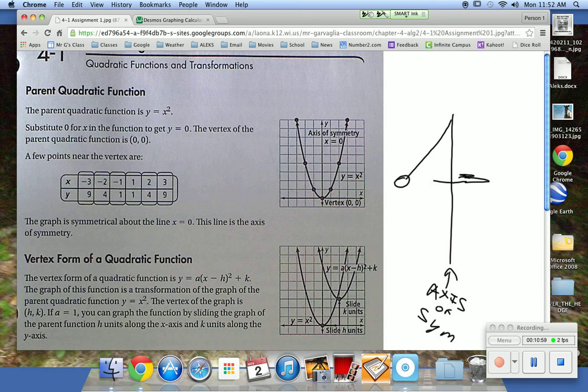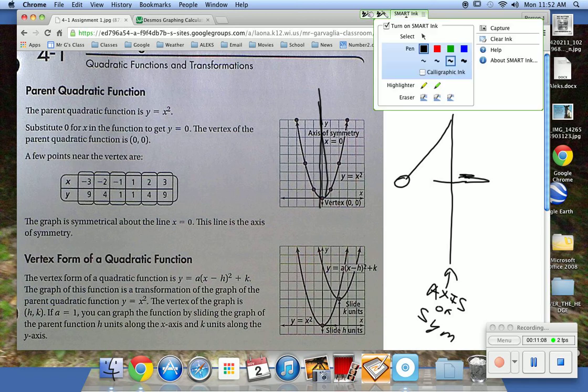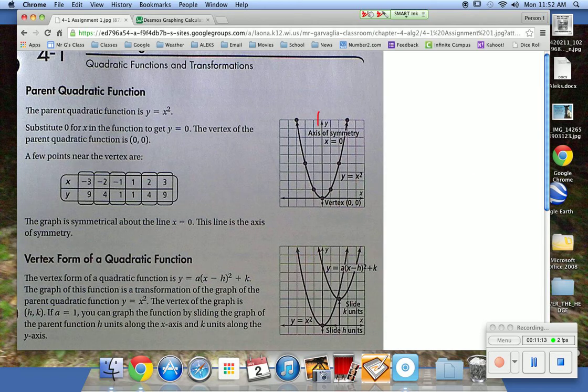So when you take a look at a parabola here, where would I be able to get even? I look at this and I say, if this revolved around that y-axis, I would get the same shape, wouldn't I? So in this case here, my y-axis is my axis of symmetry.